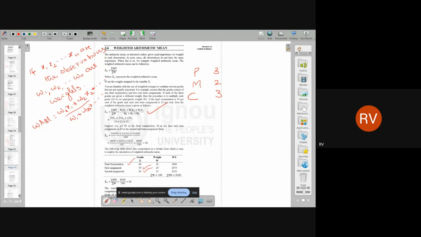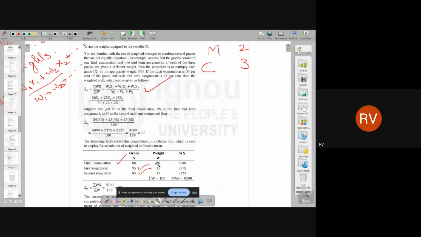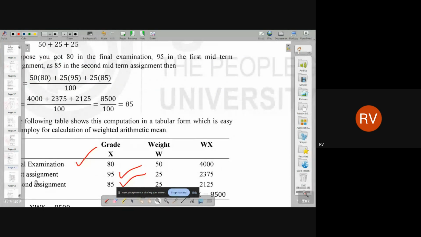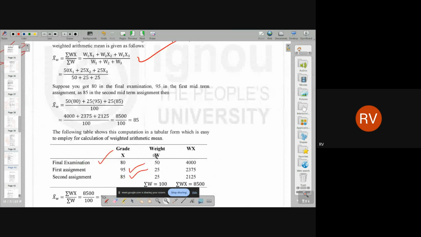The first assignment is 95, weight 25. The second assignment grade is 85, weight 25.